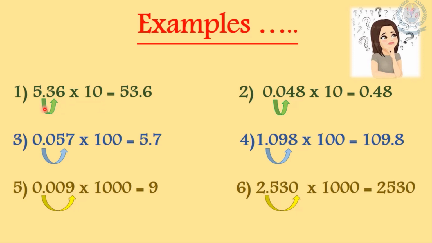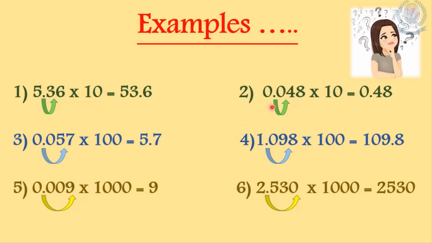So now the decimal place is in between 5 and 3. So we have to move this decimal place to right hand side by one digit. Then it comes to in between 3 and 6. That means the value is 53.6.